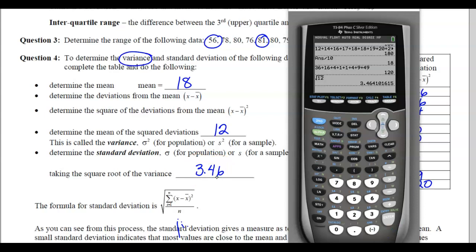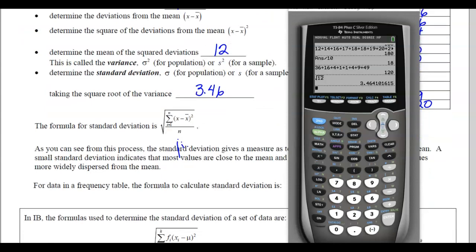And so this is what we just did. We took the sum, that sigma notation, of all of the squares of the deviations. We divided it by however many there were, 10, and then we took the square root.